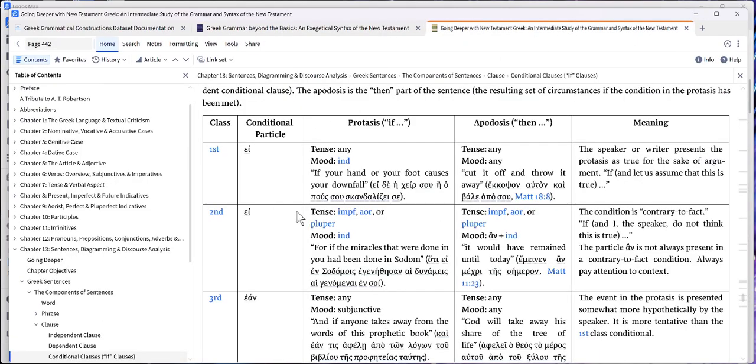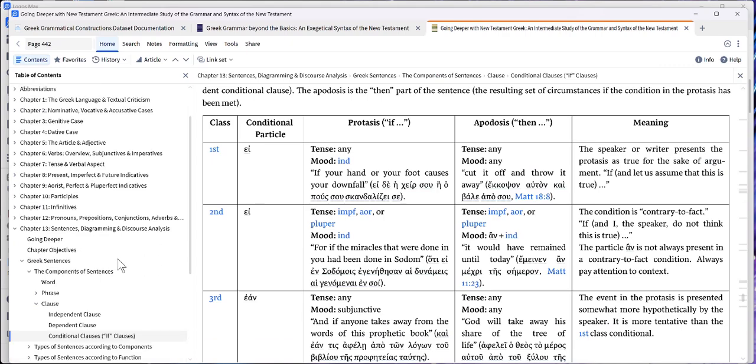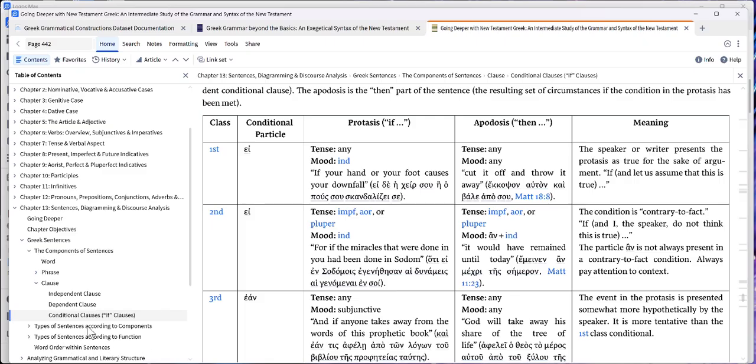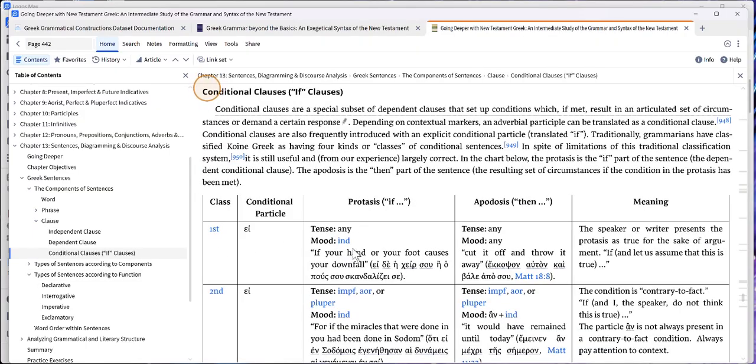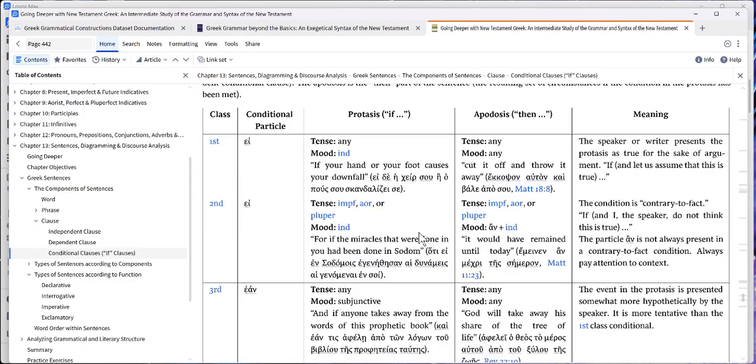Then you come into here. He doesn't go into the conditional clauses as much as Wallace does, but he adds some. This is contrary to the fact; the particle an is not always present.